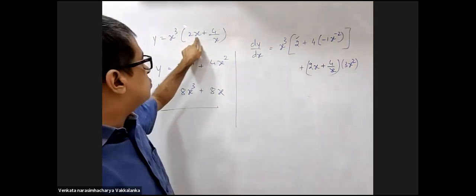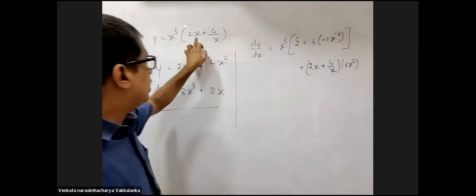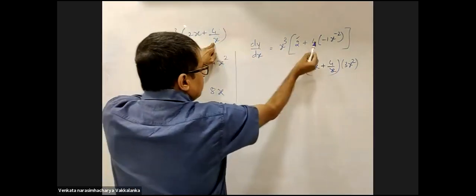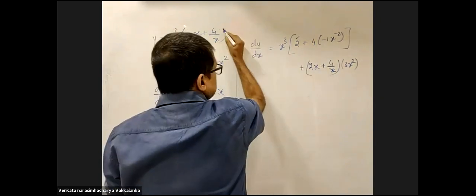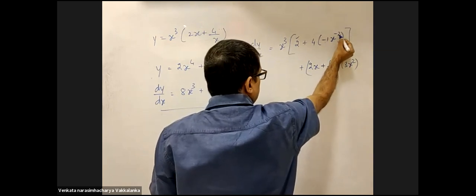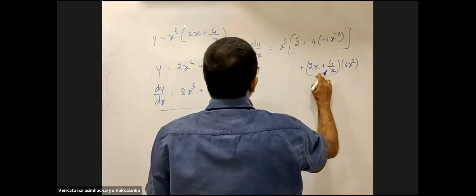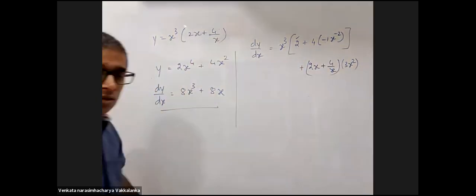Differentiation of this is 2 plus, 2x's differentiation is 2, 4 by x differentiation is 4 times x to the power minus 1 is minus 1 x to the power minus 2. This is 2x plus 4 by x into 3x square.